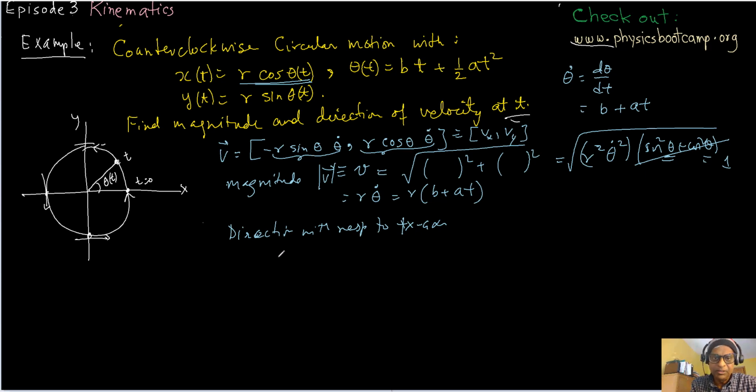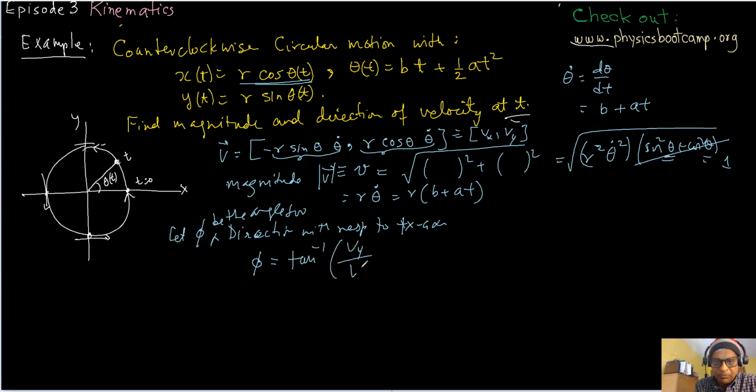And for any vector, we're going to use the symbol phi for the angle. Instead of theta, I'm going to use a different symbol because I already used theta. So phi is going to be arctangent of vy over vx. Now r and theta dot will cancel out from both of them, and it's going to be arctangent of cosine theta over minus sine theta.